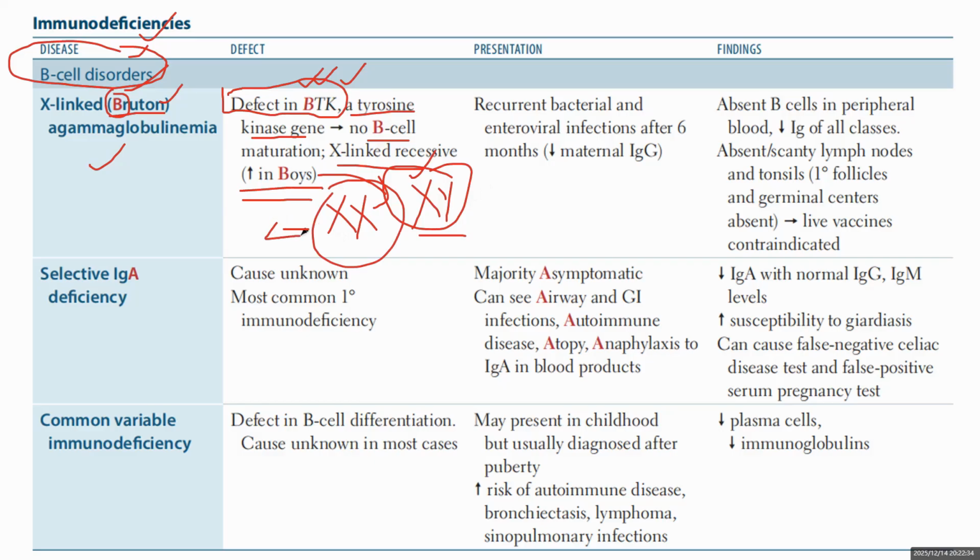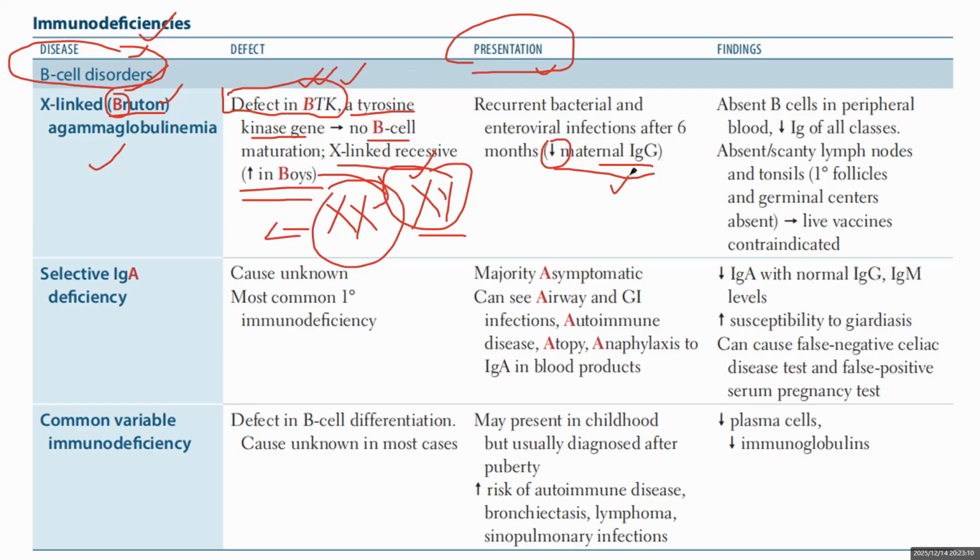Another thing to cover is that the infants usually appear completely normal at birth. This is part of the clinical presentation, along with the lower maternal IgG. Here is a beautiful concept: why do the infants appear normal at birth? Because they are protected for the first few months by the maternal IgG that crosses the placenta.